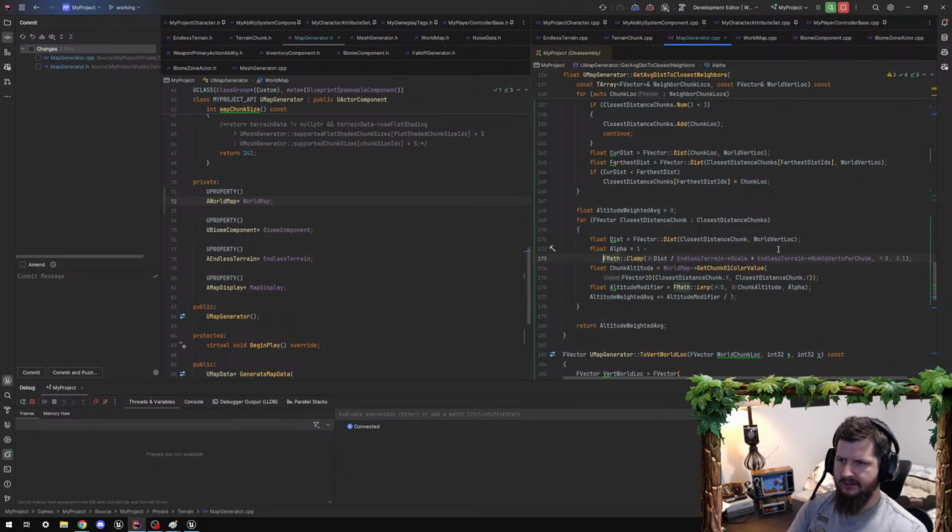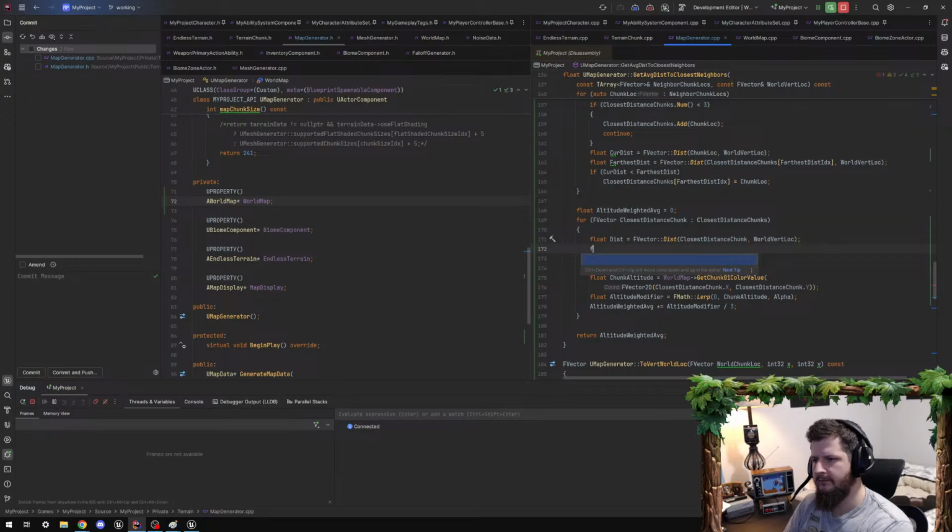Now, I would have thought that this number right here would control the radius. If it's 12,000 away, which is what this number is, let me actually, I'll name this chunk width.